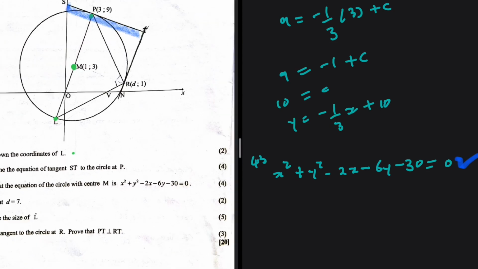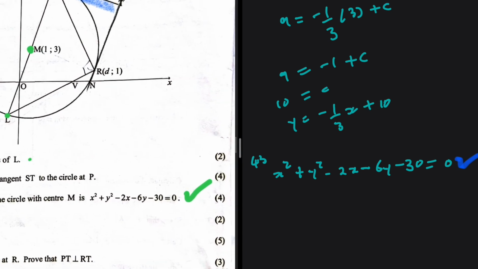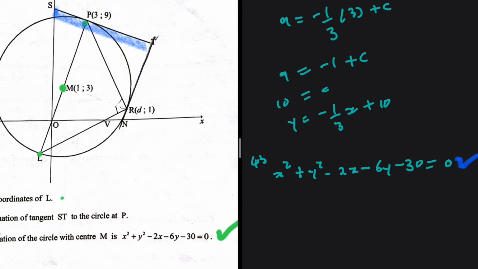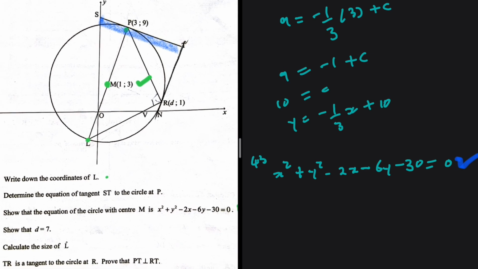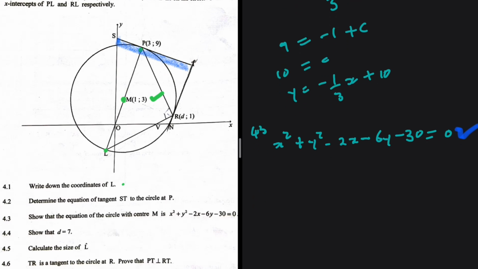Most people, if they're given this and they're supposed to write it in the other form, x minus a squared plus y minus b squared equals r squared, are going to have issues compared to if you're given the point and the center and you're supposed to write it in that way. But anyway, we know fully well that the equation of the circle can be given by x minus a squared plus y minus b squared equals r squared.